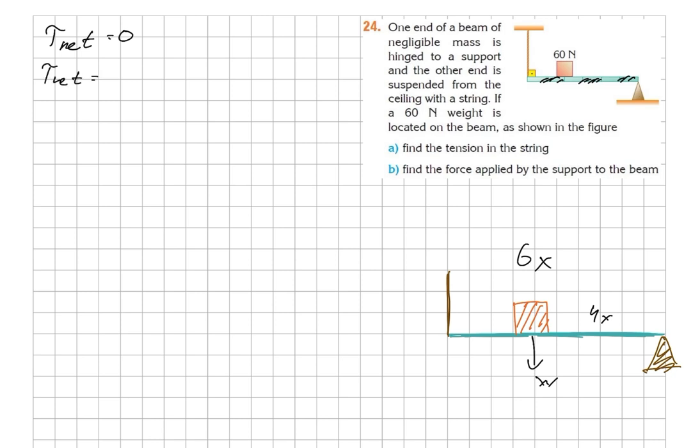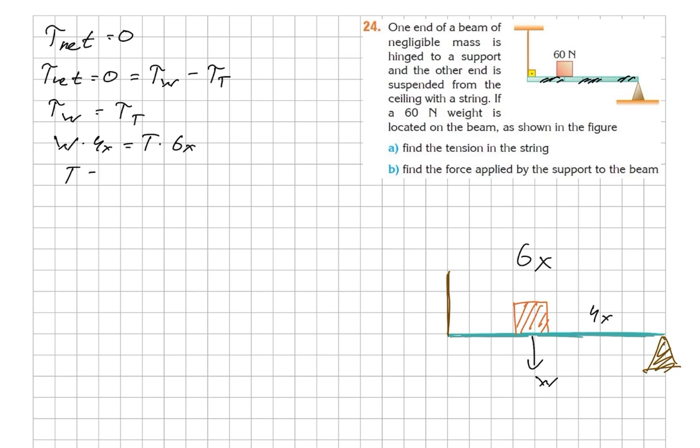Torque net is equal to 0, which is equal to torque of the weight minus torque of the tension. So torque of the weight is equal to torque of the tension. Torque of the weight is weight times 4x, equal to tension times 6x.